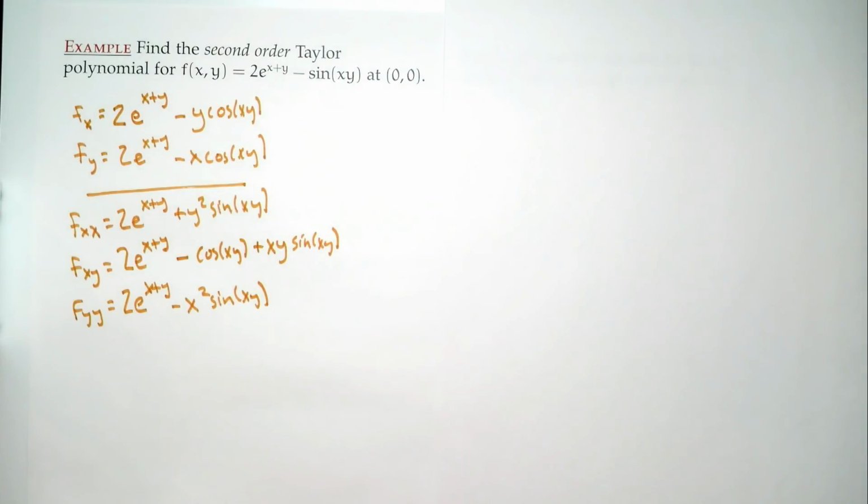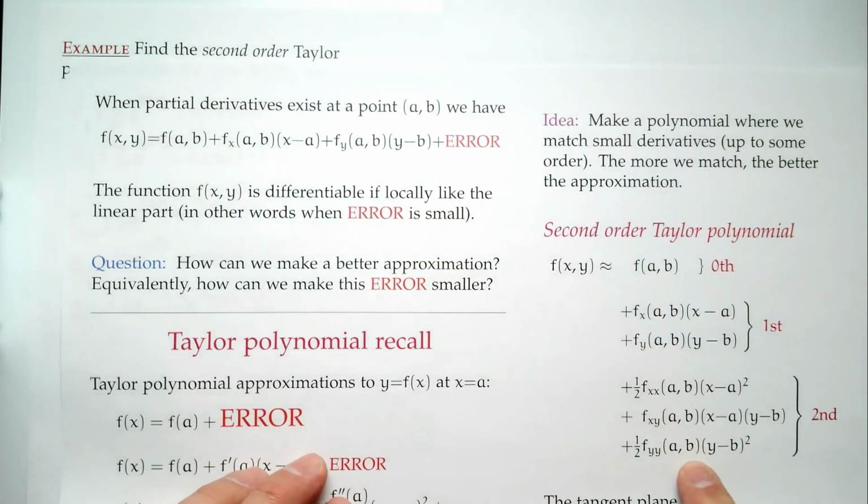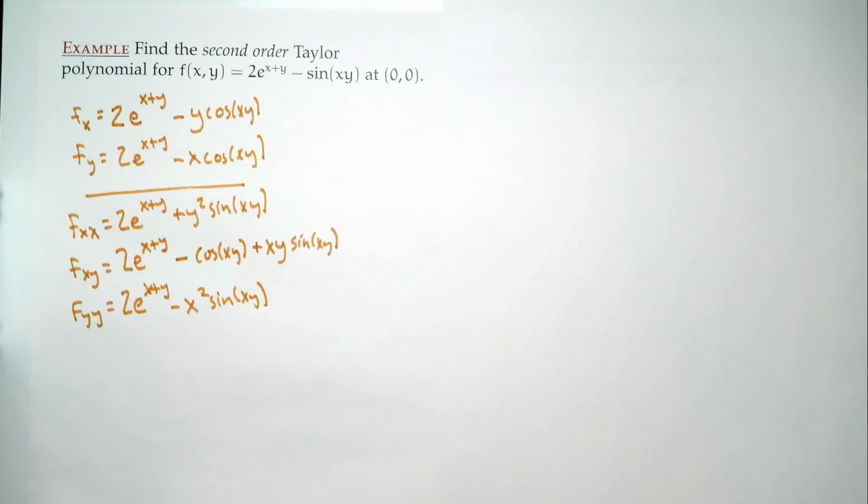We have to evaluate. Because if we go back to our second order Taylor polynomial, yes, we're taking derivatives, but we're also evaluating everything. And evaluating them where? We're evaluating them at the point. In our case, our point is 0, 0. So I need to evaluate everything, including the function itself.